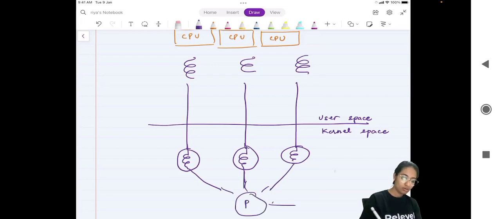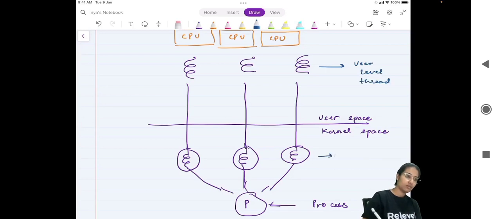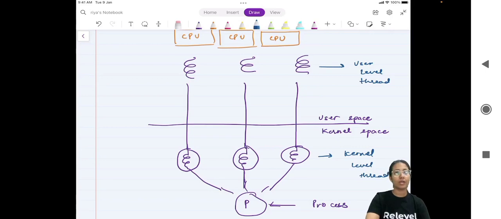And this is your process. These are user level threads. These are kernel level threads. So that is the overall idea.